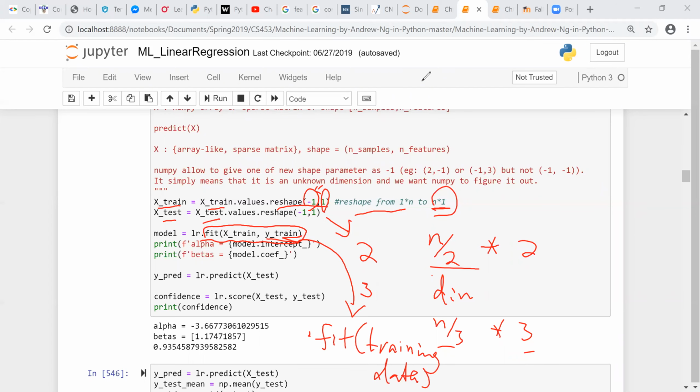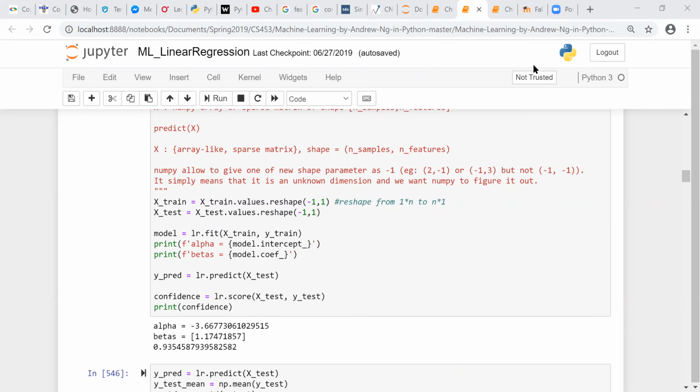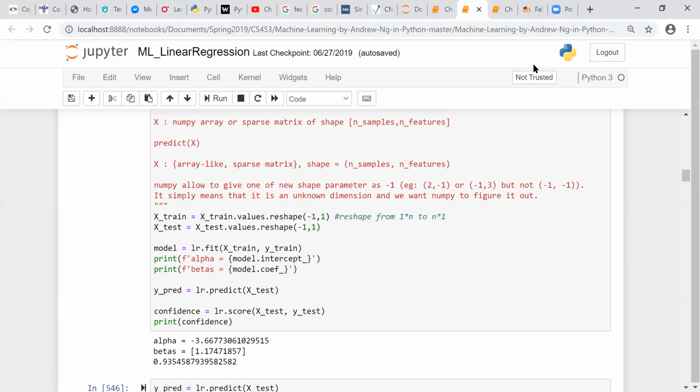And what is different here is that we care about, because in math you learned, a linear model is a plus bx, something like that.